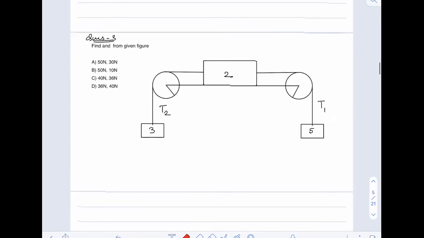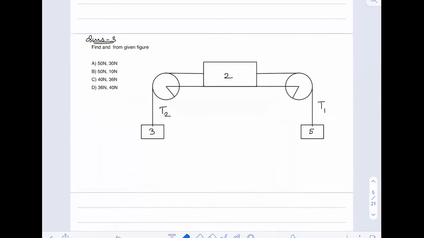See here. You people are taking a lot of time. All of you, see on the screen, all those who have not solved. This 5 kg block will have a net force of 50 downward. This will have 30 downward.